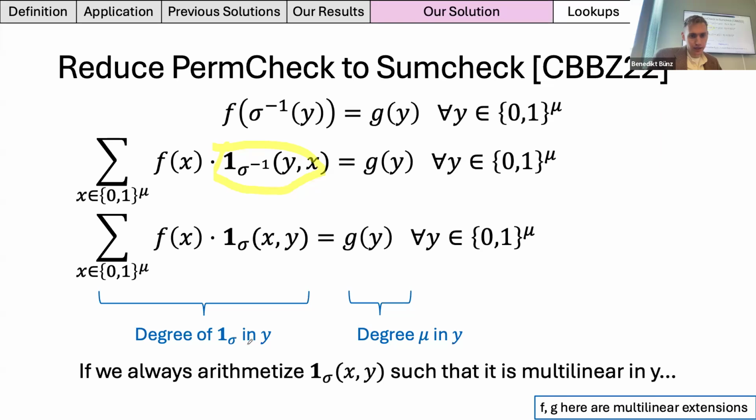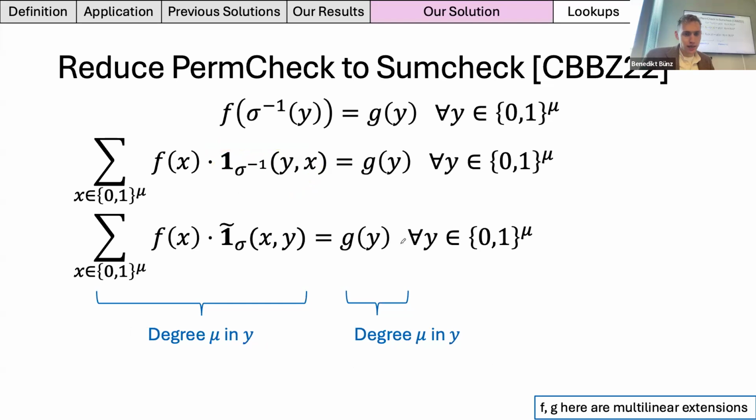And both of these are actually multilinear in y, right? Both the left side and the right side are going to be multilinear in y. I'm going to arithmetize it in a way which means that both of these, if I look at them as polynomials in y, are multilinear polynomials in y, which essentially means that I can just evaluate them.